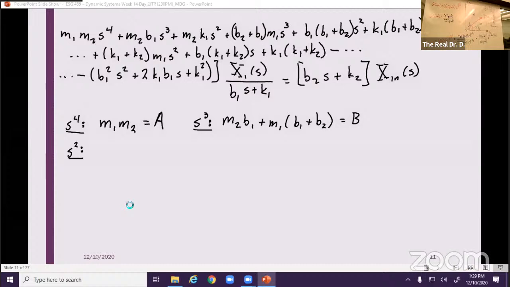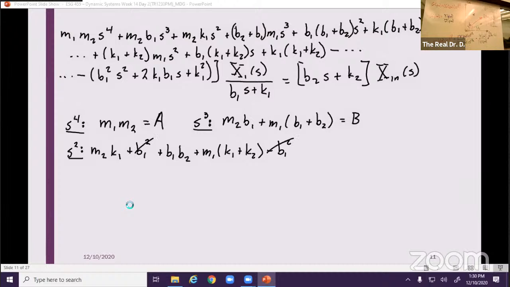All right. So again, what are we doing? We're doing the same thing that we would do algebraically and grouping our like terms, but because all of these are constants, as much fun as it would be to write m2 b1 plus m1 times b1 plus b2 for the next few things that we're going to do, I'd rather not. So s squared gives us m2 k1 plus b1 squared plus b1 b2 plus m1 k1 plus k2 minus b1 squared.